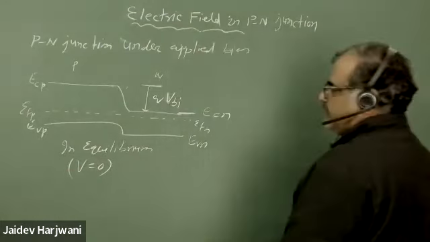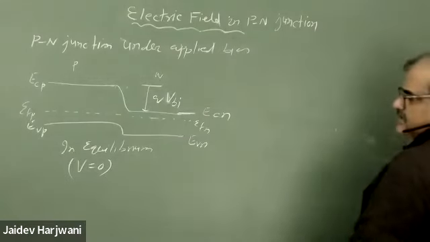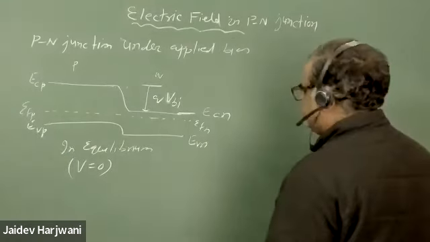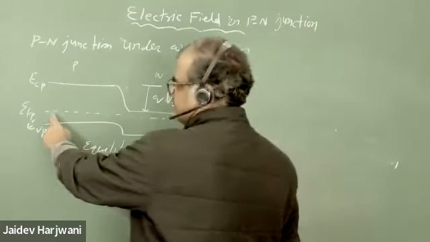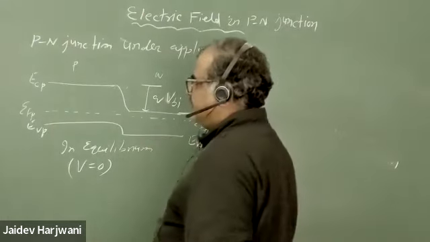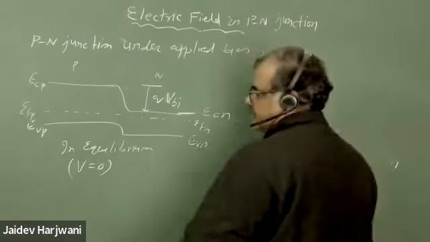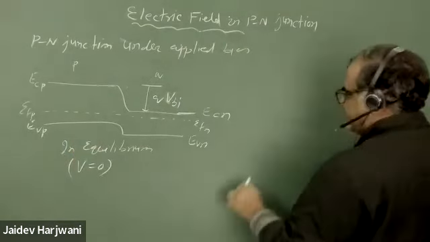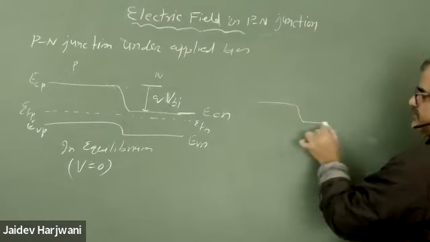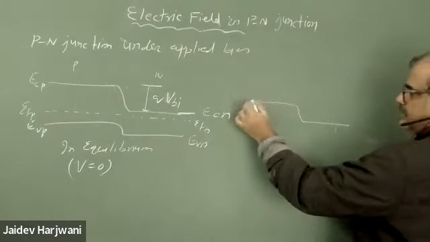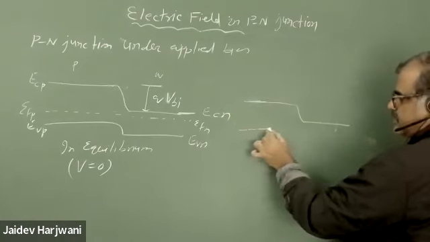Okay. Now what happens when you apply forward bias? So when I have forward bias, it means P is plus, the P side, and minus is the N side, okay. So what will happen when you apply forward bias?